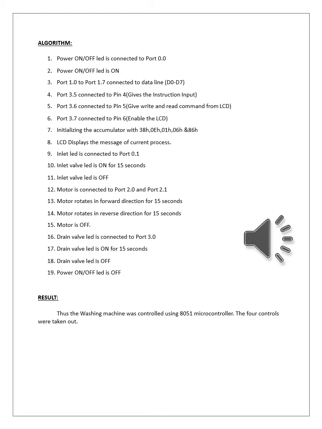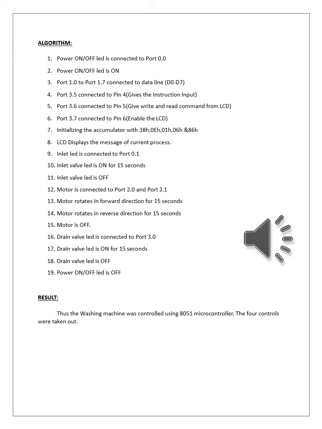Port 1.0 to port 1.7 we are going to connect with the data lines of the LCD. To enable the LCD and to do the read/write and instruction input operations, we are using three port lines: port 3.5, port 3.6, port 3.7. Then, initializing the accumulator, we use it to write, read, and enable the operation.